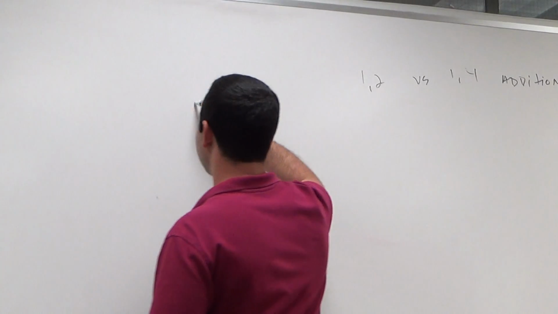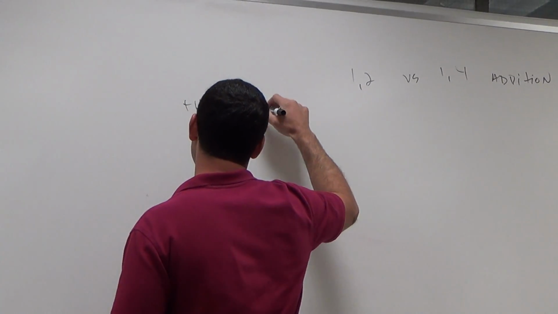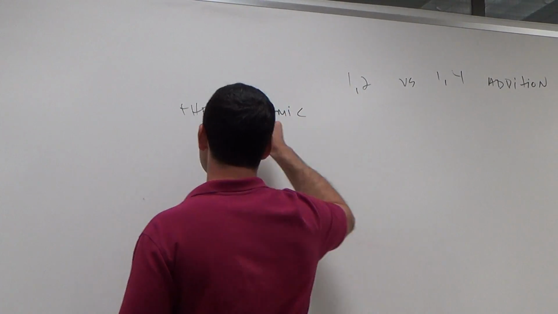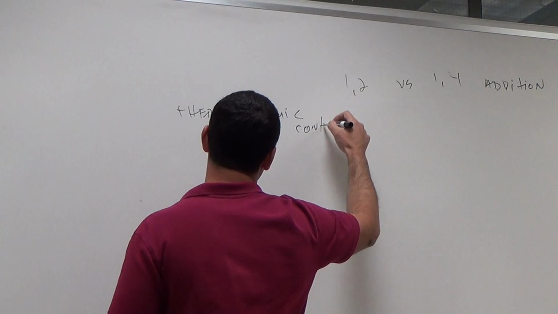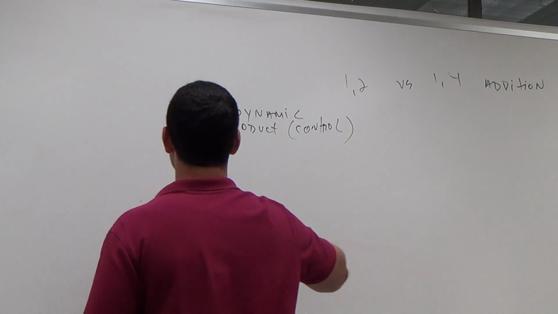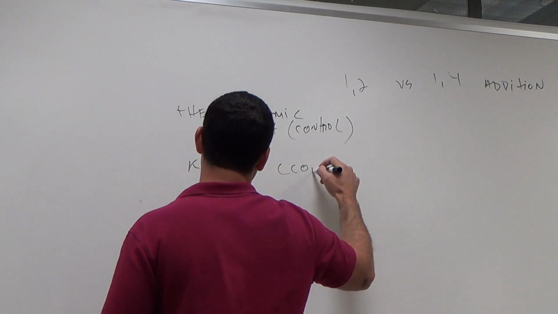Okay, 1, 2 versus 1, 4. Now, there's something called thermodynamic control and kinetic control.